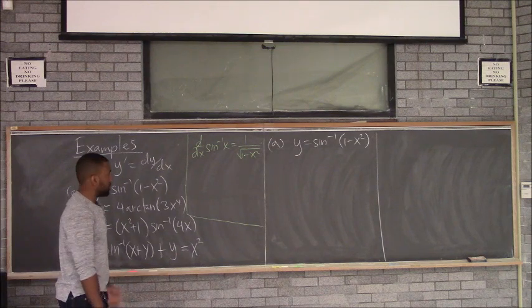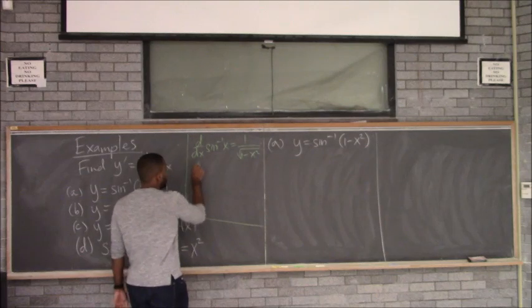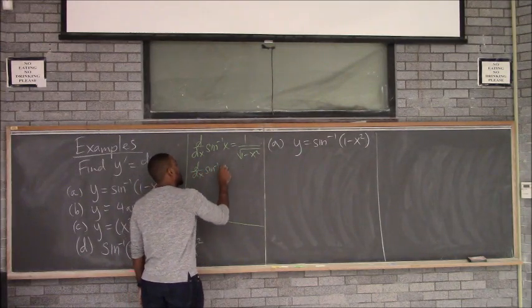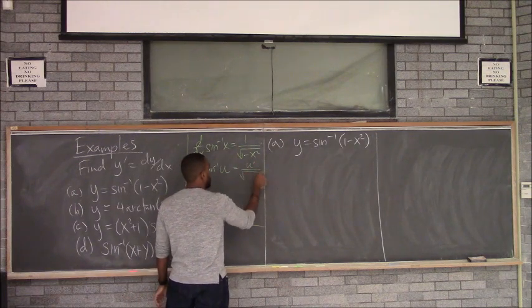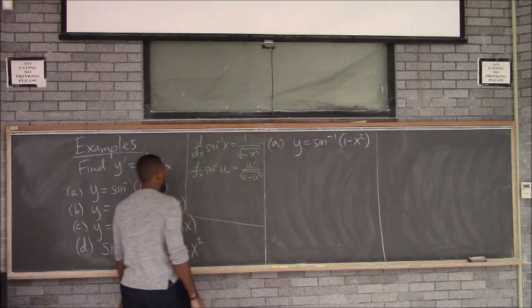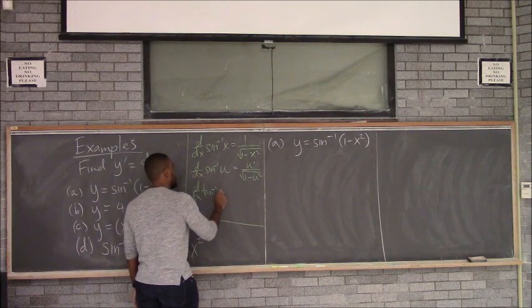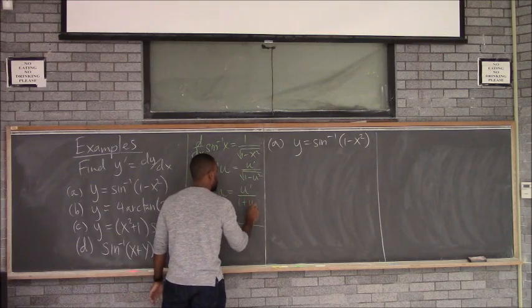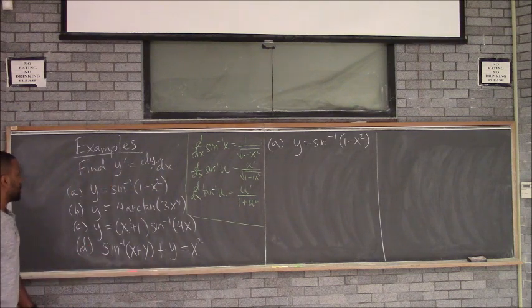But remember, every time I give you a derivative rule, there is the chain rule version of the derivative rule, which means if I want the derivative of sine inverse of something other than x, that's just going to be u prime over the radical of 1 minus u squared. And if I have the derivative of the tangent inverse of something other than x, that's going to be u prime over 1 plus u squared. Right? Chain rule is always something that you can do, and you can implement that within the rules themselves.